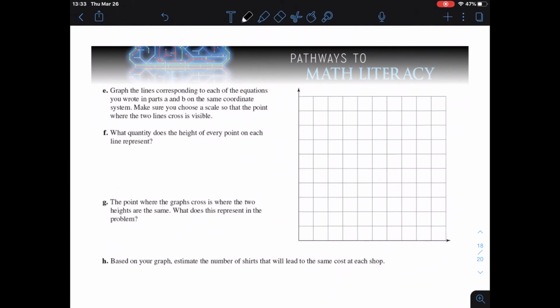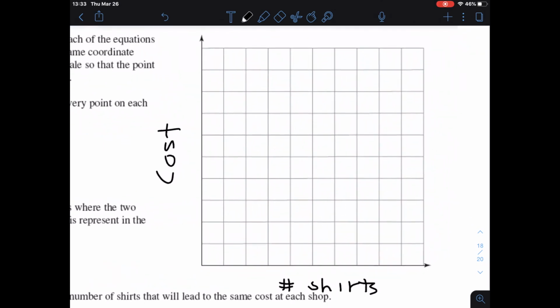So let's go ahead and graph these two equations on the same plane, and then we're going to see what their intersection looks like a little bit better. We're going to put the number of shirts on the x-axis, and the cost on the y-axis. Let's zoom in.